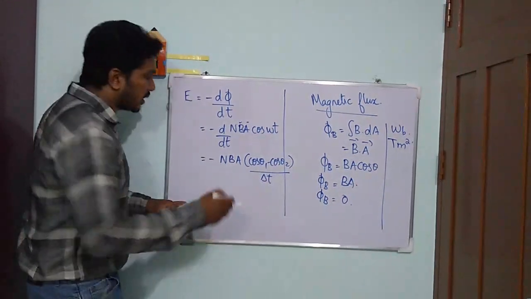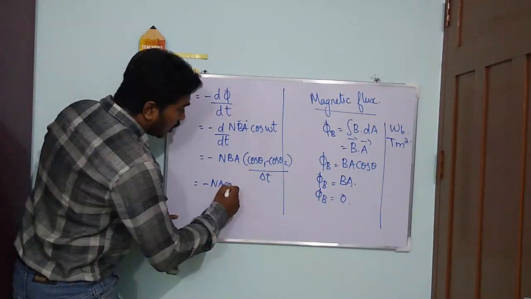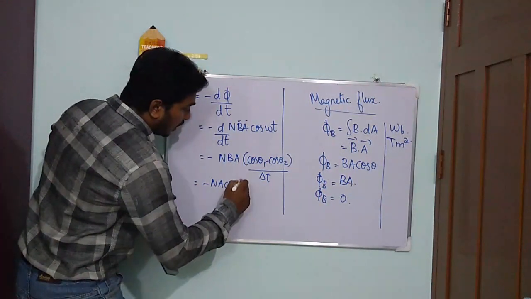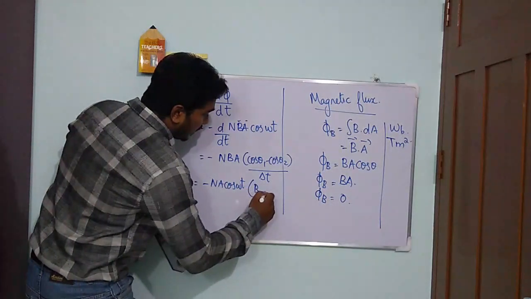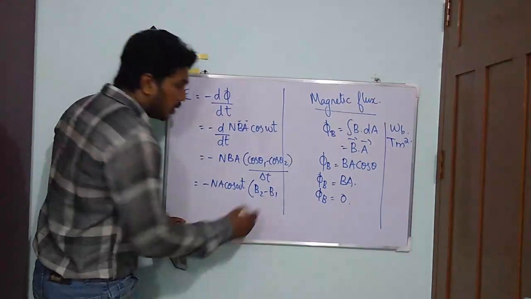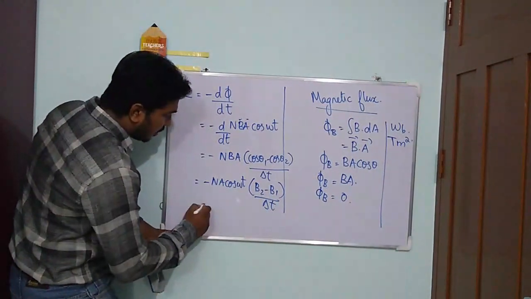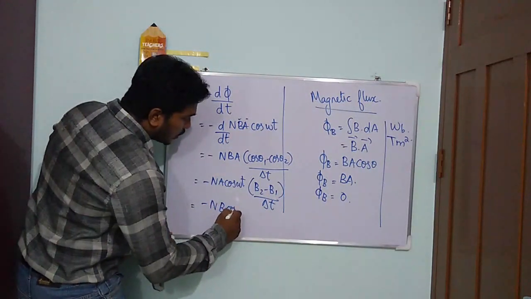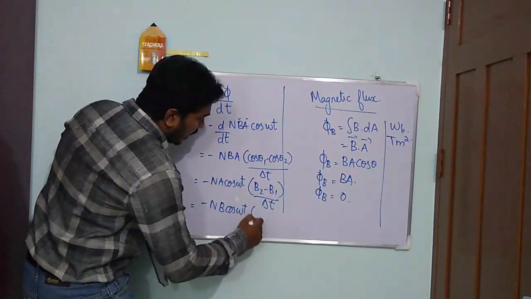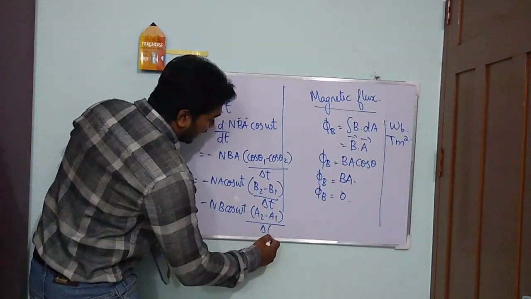That's one way of representing that. Or you can write it as minus n A cos theta or omega t, whatever I'm taking outside, B2 minus B1 divided by delta t, right? Or you can write it as minus n B cos omega t, A2 minus A1 divided by delta t.